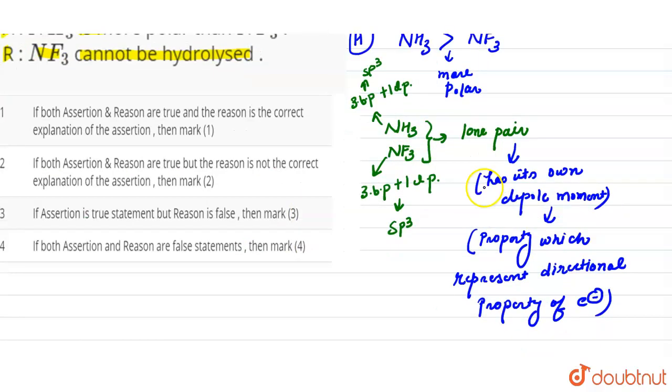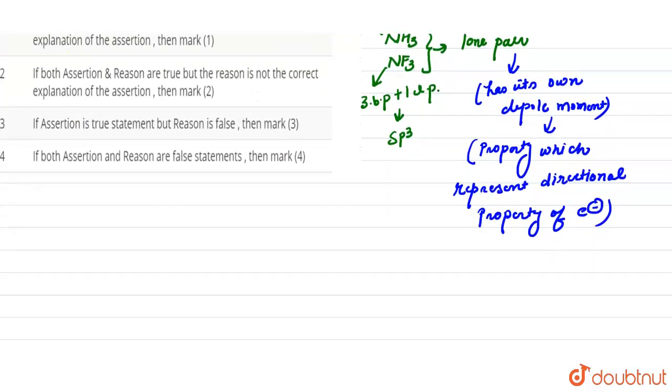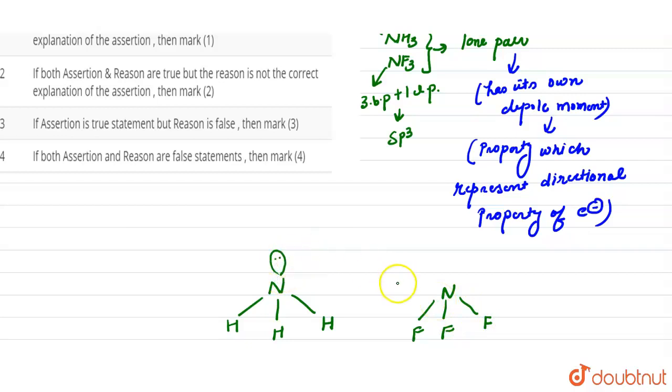What differs between them is the N-H and N-F bond. If we see the structure of both compounds, we have NH3 and NF3, and they both have a lone pair of electrons.